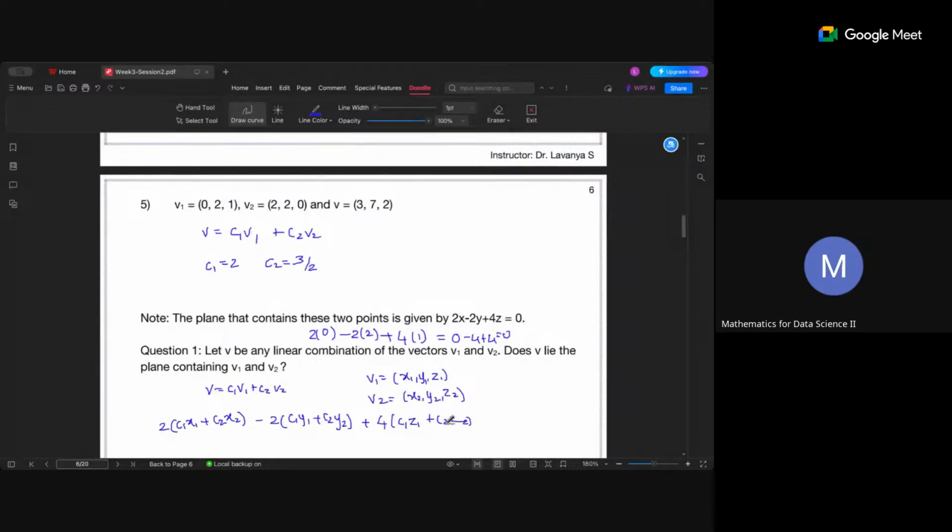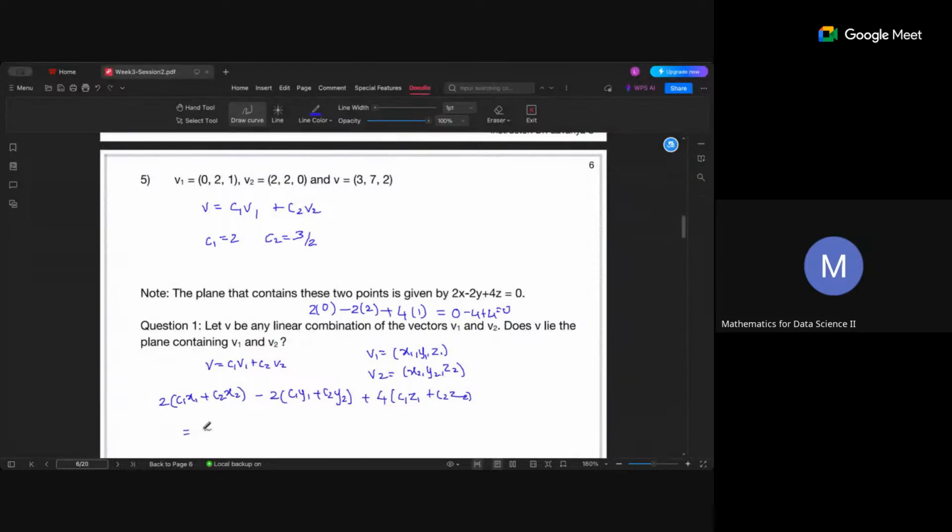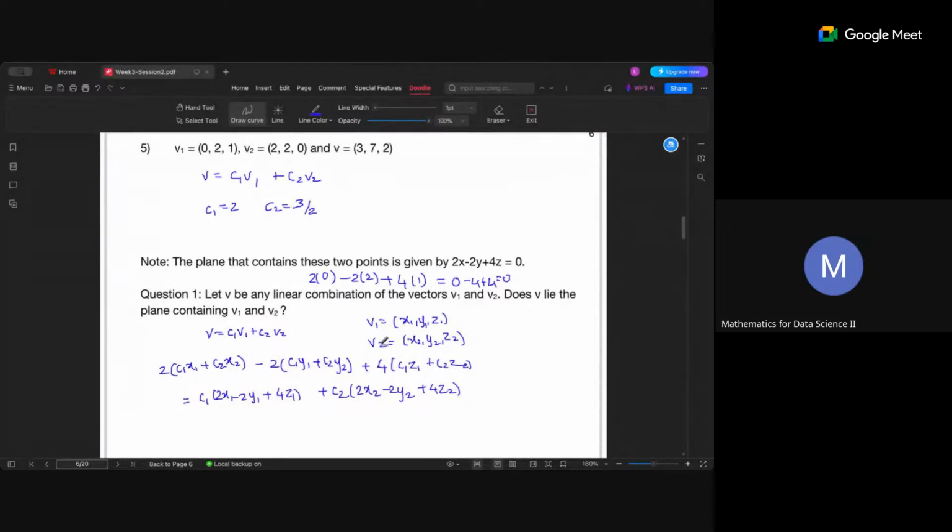What is this? We know that it is nothing but C1 times 2x1 minus 2y1 plus 4z1, and C2 times 2x2 minus 2y2 plus 4z2, right? We already know that v1 and v2 are vectors in this plane.